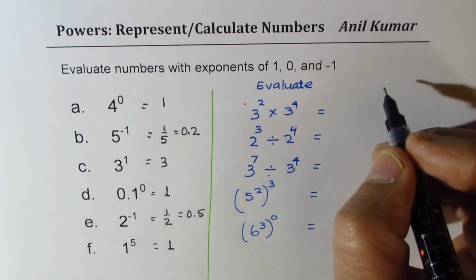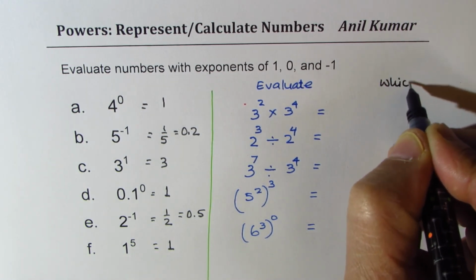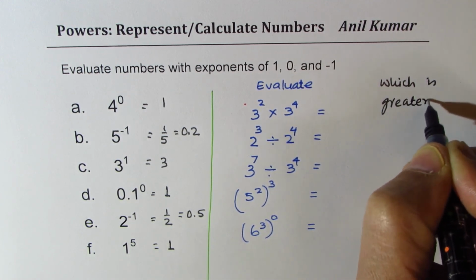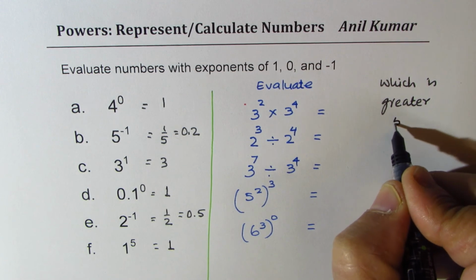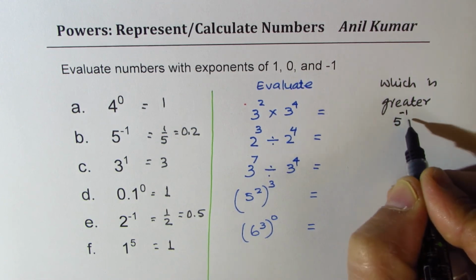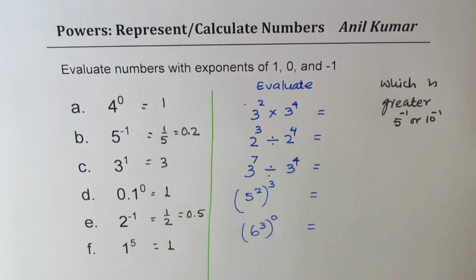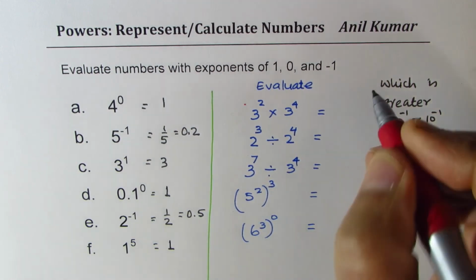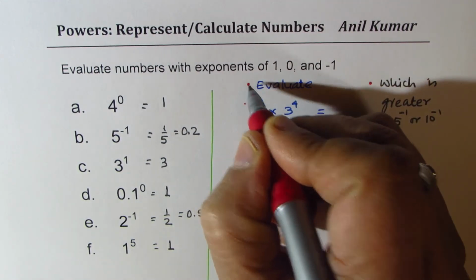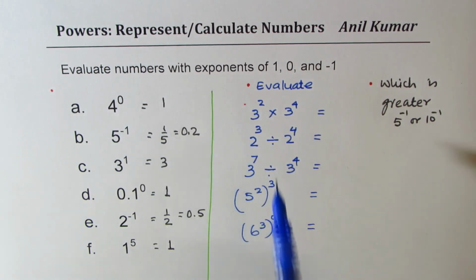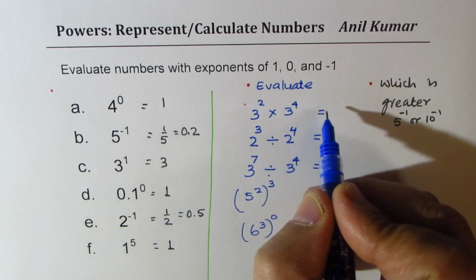So the last question here is, which is greater: 5 to the power of minus 1 or 10 to the power of minus 1? Okay, so that is your last question. So we have three categories of questions for you. Here you're going to add the powers and then evaluate.